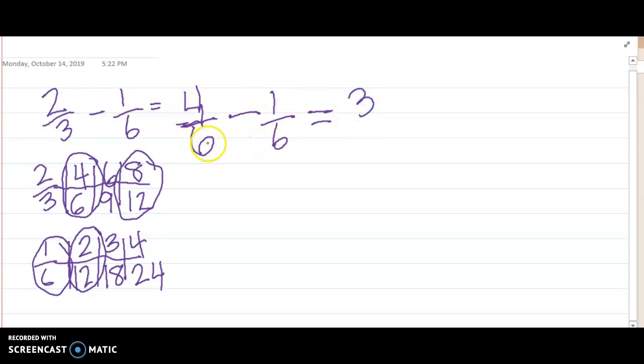It's a 6 as a denominator, a 6 as a denominator, so the denominator is 6. They stay the same. Now this fraction can be simplified. You might see that 3 is half of 6, so this is actually the same as 1/2. So 2/3 minus 1/6 equals 3/6 and 1/2, and these are the exact same fraction.